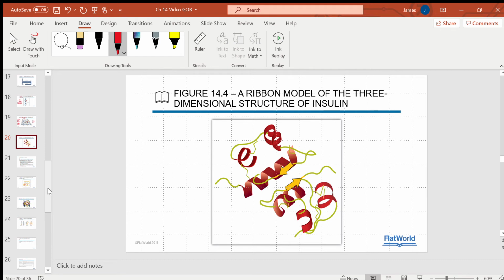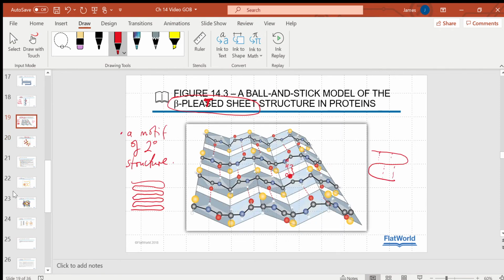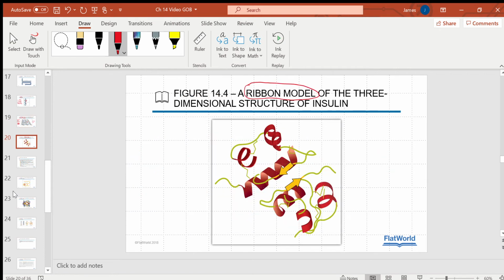Ribbon diagram, how pretty is that? So sometimes we might, as chemists, want to know the glory detail of the atoms, and sometimes we want to just stand back and see the forest and not necessarily the trees, to use an analogy. But we can see here, here's an alpha helix. Here's another alpha helix. This looks like a different alpha helix.